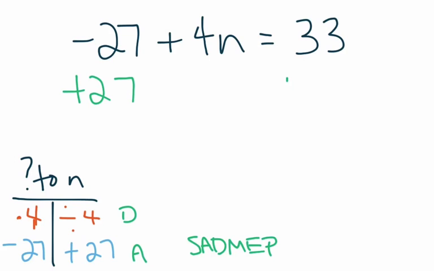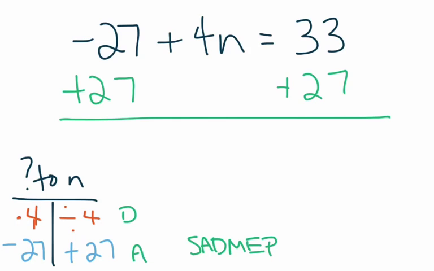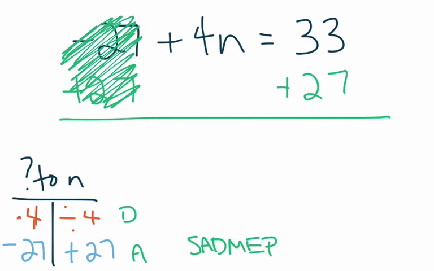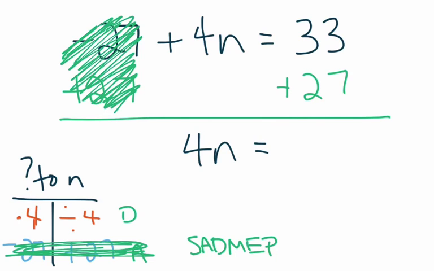So we're going to add 27 and add 27. These 27s are going to go away, which is exactly what we wanted. So we can scratch them out of the chart now. This side's going to be 4n equals, and then in your calculator you're going to take 33 plus 27, and you're going to get 60.